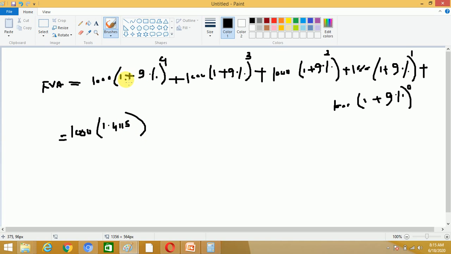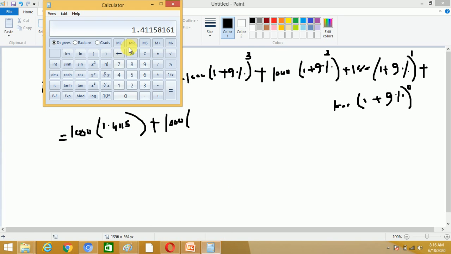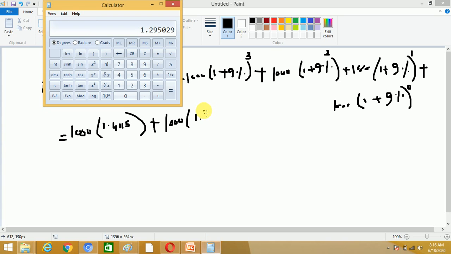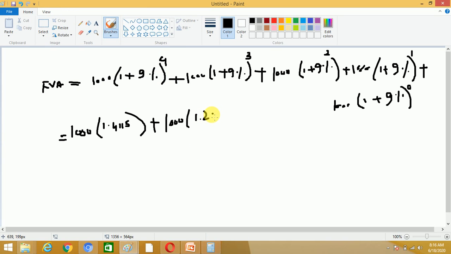We got this value from 1.09 power 4. Plus 1000 times 1 plus 9%, which means 1.09 power 3. 1.09 raised to the power 3, we will get 1.2950.